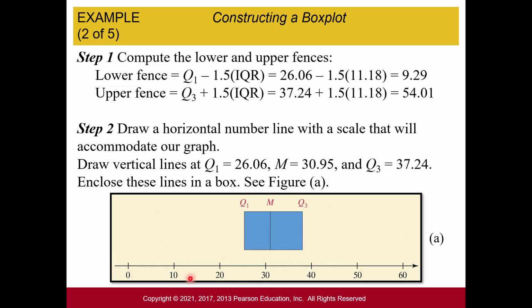You can label the axis with more numbers if it helps, but notice that Q1 is above roughly the spot where 26 would be, 26.06. Q3 is above on the number line where 37 would be, and then the median is right past 30, which is because it's 30.95.